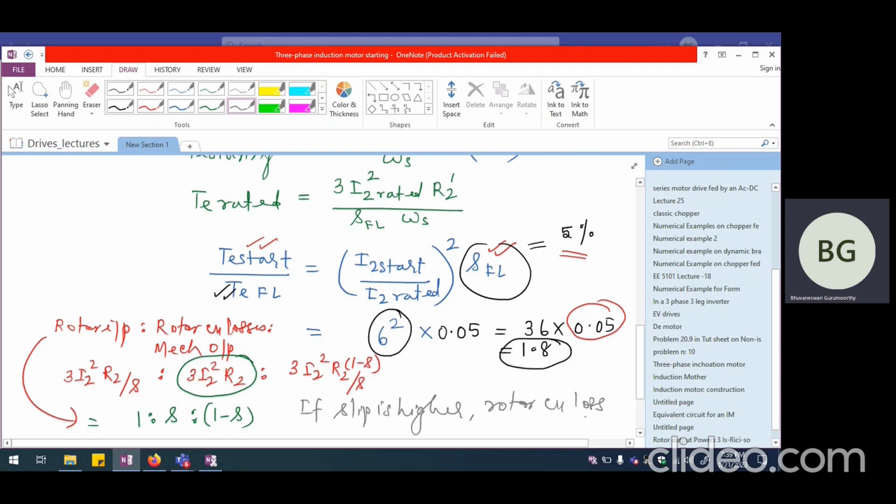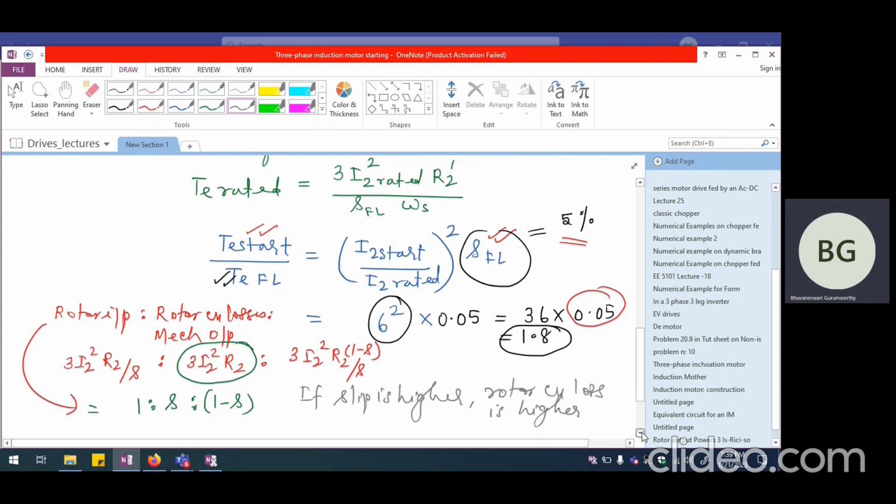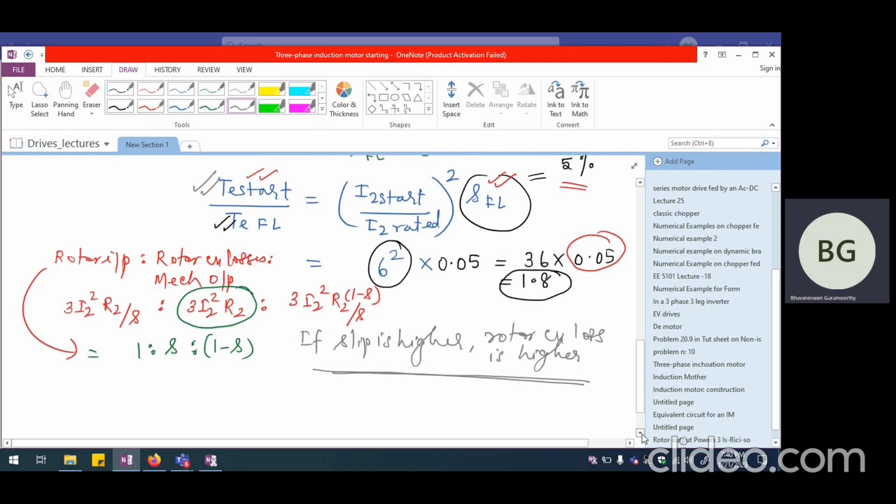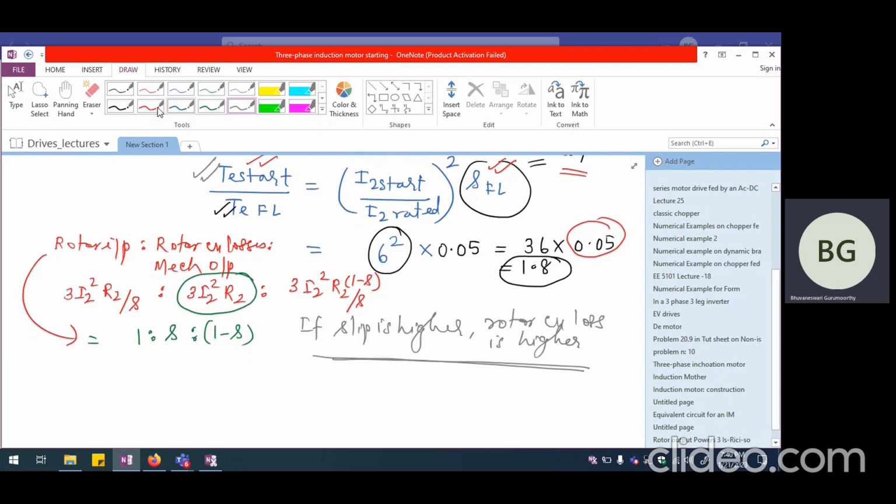If rotor copper loss is higher, that means the efficiency of the induction motor is going to be bad. So if full load slip is higher, the running performance or efficiency of the induction motor is not going to be good. But if the full load slip is higher, the starting torque is going to be somewhat higher as compared to another induction motor which may have a lower full load slip.